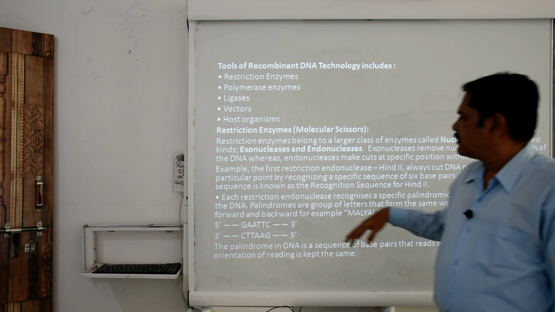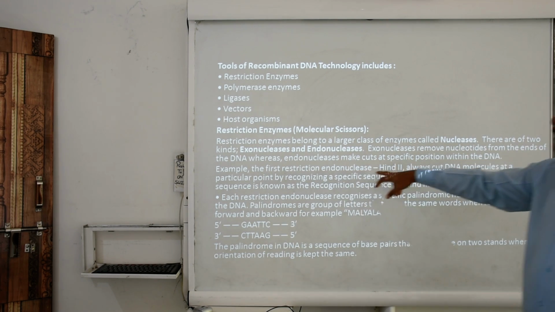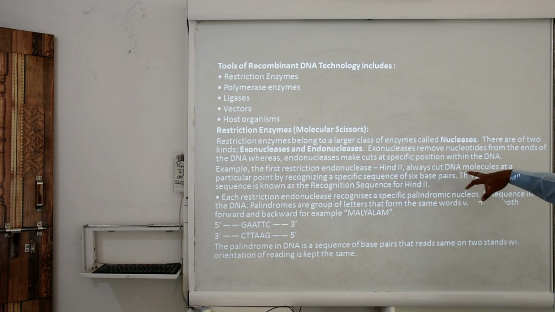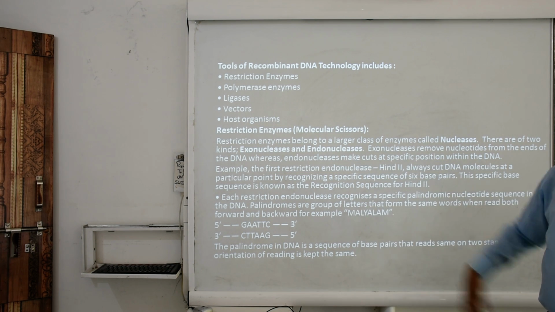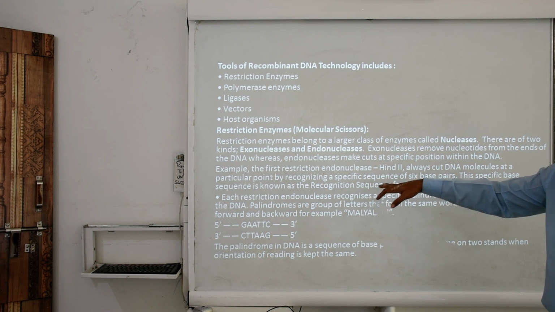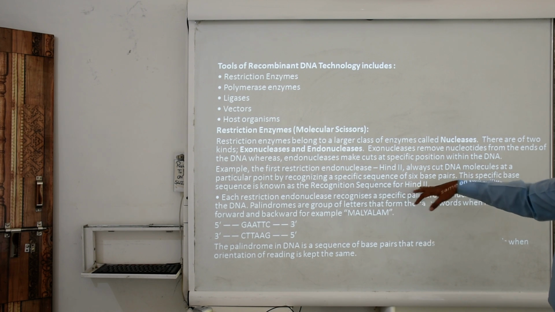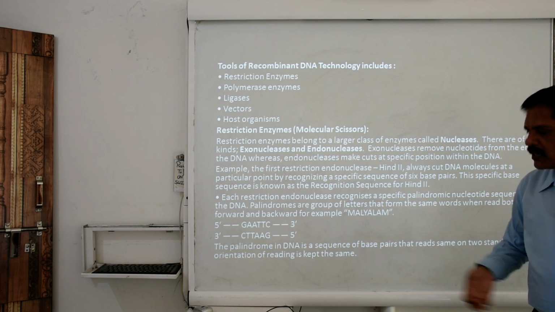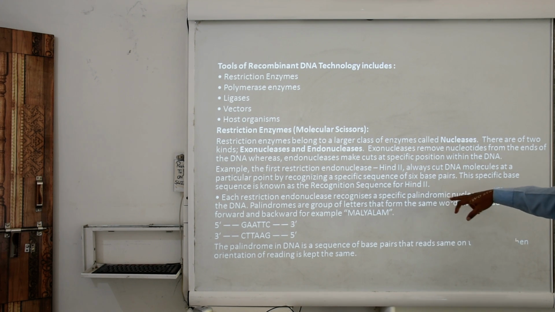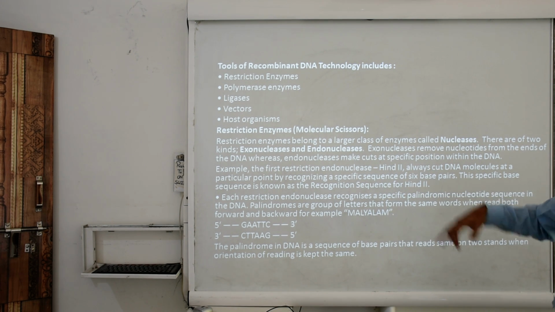Is that clear? Just like that, the restriction endonucleases, like EcoRI, always cut DNA molecules at a particular point by recognizing a specific sequence of 6 base pairs, and this specific base pair sequence is known as the recognition sequence for EcoRI. Clear? Each restriction endonuclease recognizes a specific palindromic nucleotide sequence in the DNA.